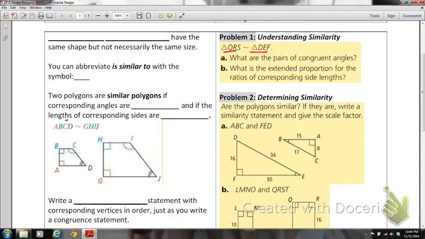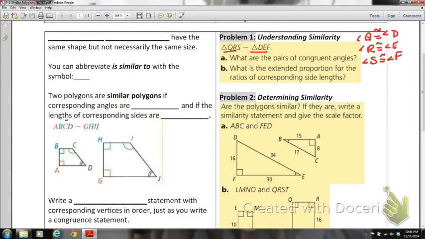You can go by corresponding positions in the name to get that. Angle Q is going to be congruent to angle D. Angle R is congruent to angle E. And then angle S is going to be congruent to angle F. Those are the corresponding angles that are congruent.